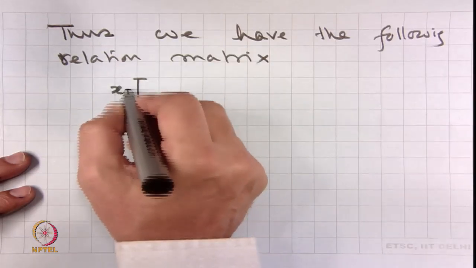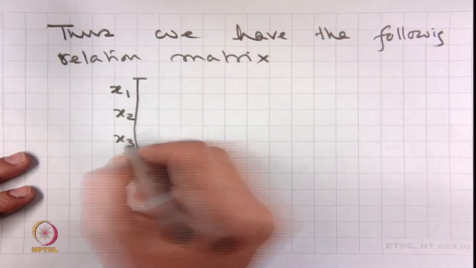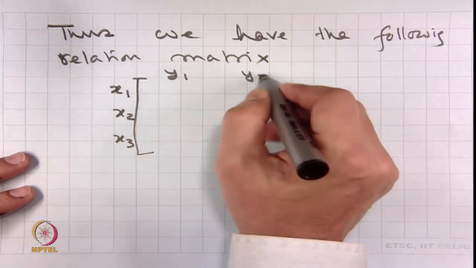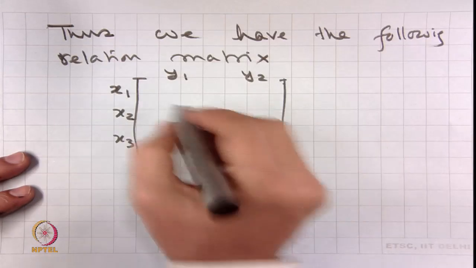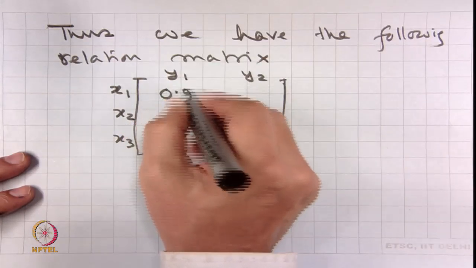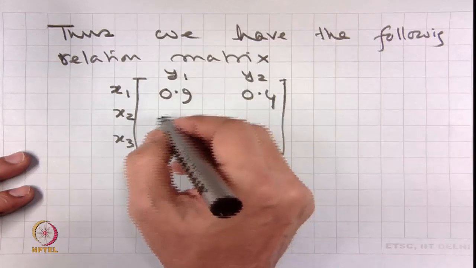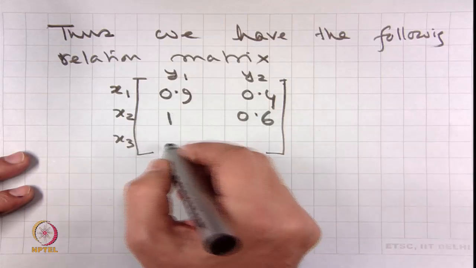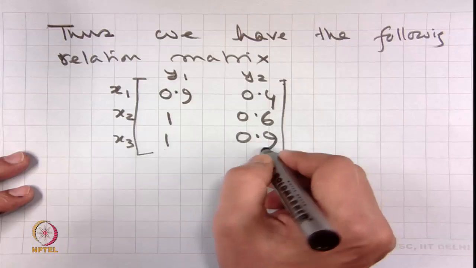Instead of the exact values, let me call them x 1, x 2, x 3, so that you get a generalized view, and y 1, y 2, and we have the following memberships: 0.9, 0.4, 1 and 0.6, 1 and 0.9.